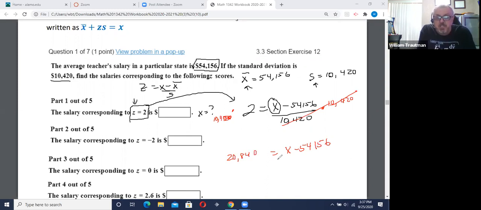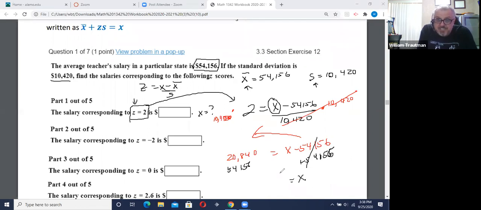So the last thing we want to do is bring the minus 54,156 over to the other side. We want to get X by itself. We're going to add 54,156. You always do the opposite. That turns to 0.